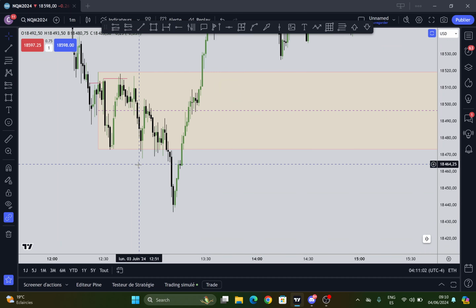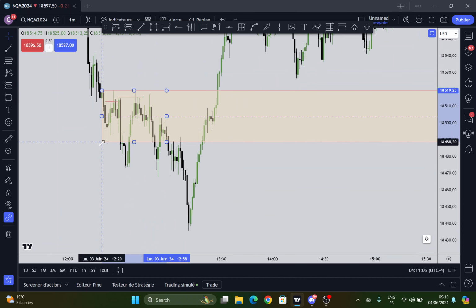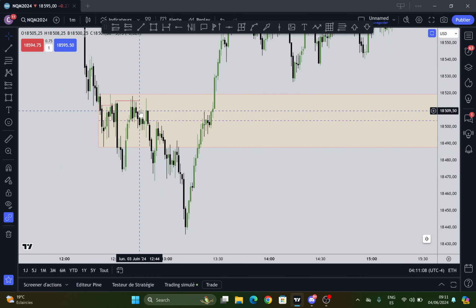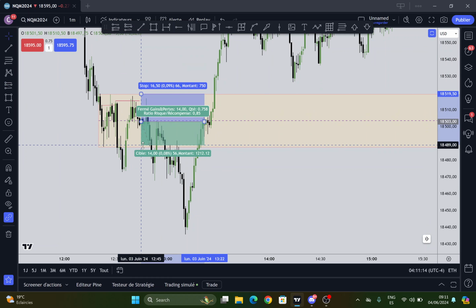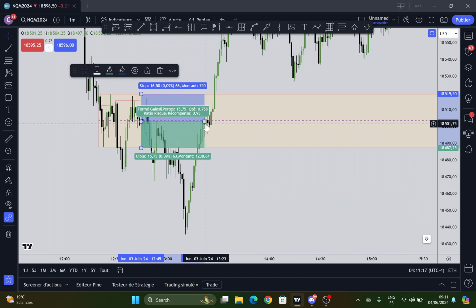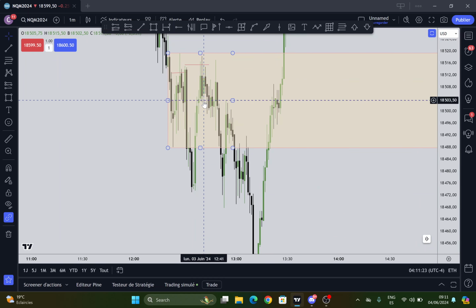Or as always, so this was the zone, sorry. Or as always, you take the 1-to-1, right? Just like that, and you'll be good. 16 points, okay? Or again, you wait for your CSS flip, and enter from the 50%.